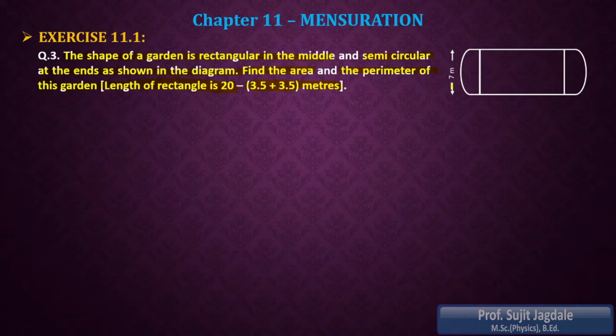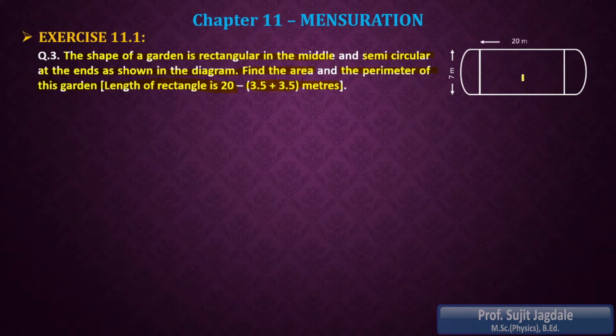Okay, so here they have provided the diameter. The diameter of that semicircle is nothing but the breadth of that rectangle. So we have to use that diameter in two cases: for the breadth of the rectangle and then the radius of that semicircle.